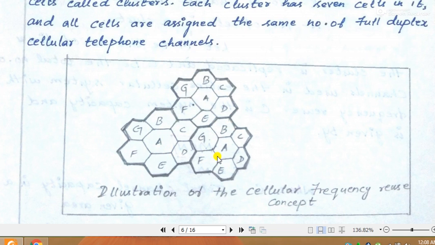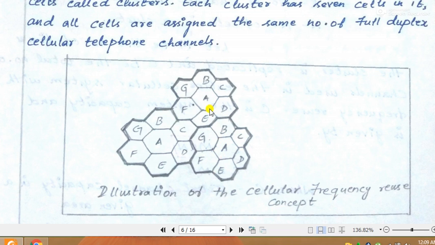Suppose we have a 70 gigahertz radio channel, so each cell is allocated 10 channels. For example, the 1 to 10 gigahertz channel is allocated to cell A. The same 1 to 10 channel is not allocated to B, C, D, E, F, because interference will occur. So the same radio channel will be allocated to the next cluster.